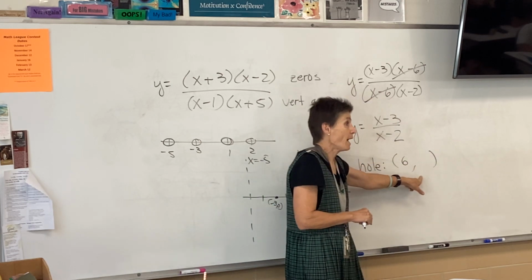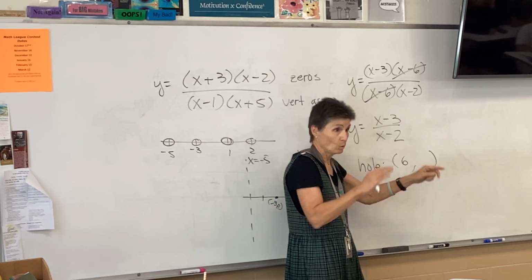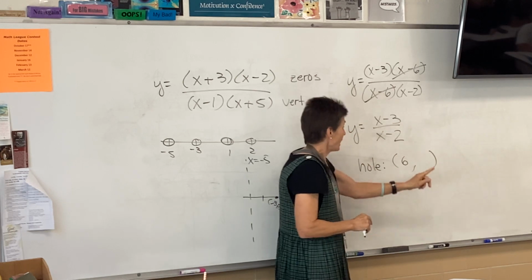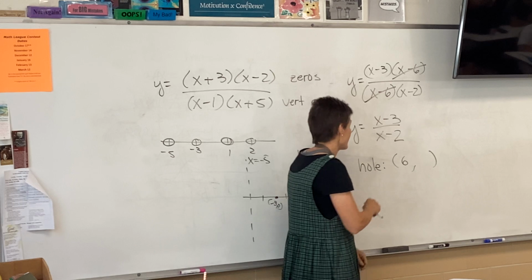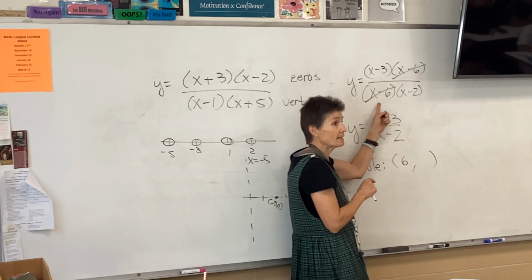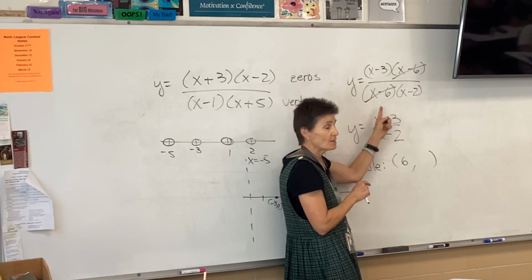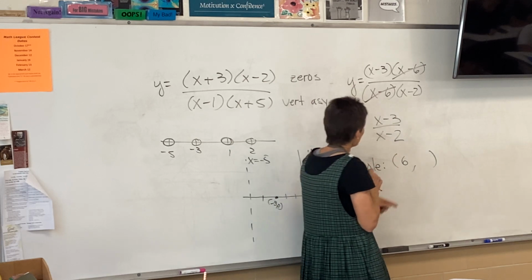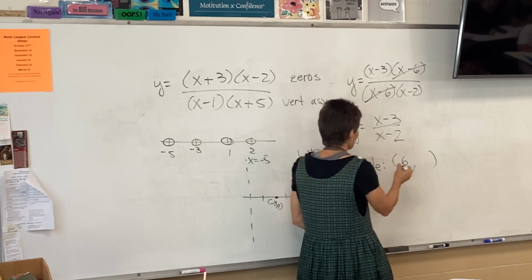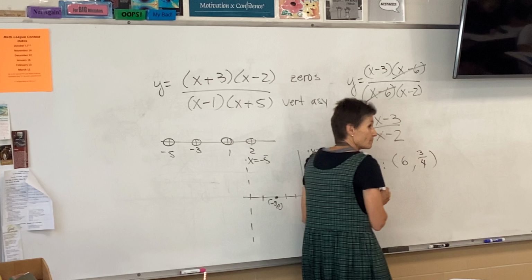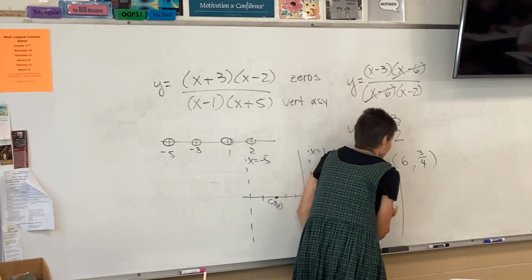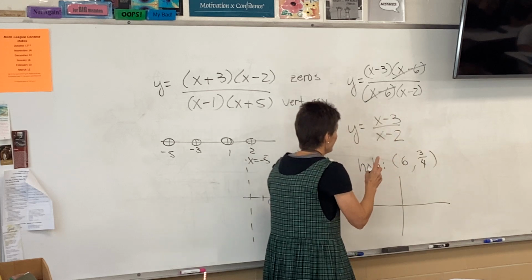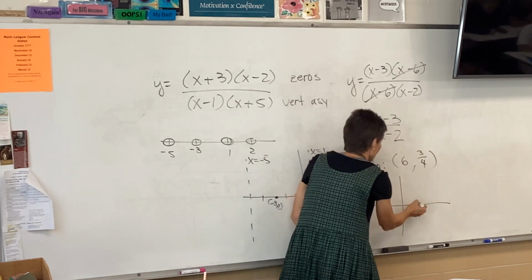Now, I need a y coordinate. Holes are like points. How do you suppose I'm going to get the y coordinate? Plug in 6. Now, don't try to plug it in the original, because it won't work. You have to plug it in here. So if I plug in 6, it looks like I get 3/4. So again, we're not sketching, but if we were, we have an x-intercept at 3.